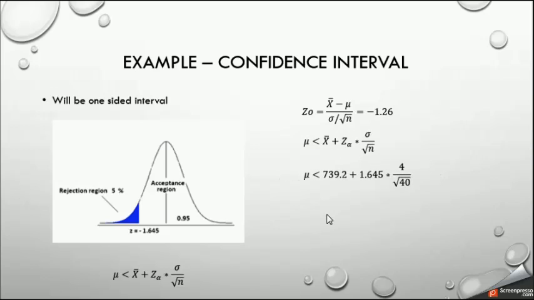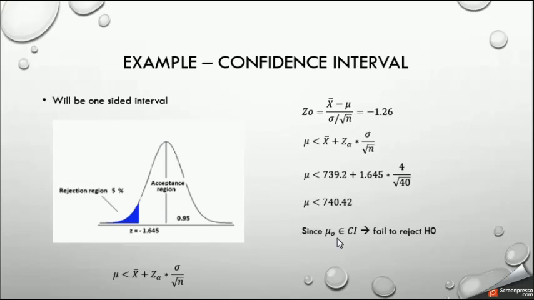Now we calculate the confidence interval: mu is less than 740.42. This is the upper limit of mu, and mu can be any value from this value down to minus infinity, but in fact it will only reach 0 because there is no concentration below 0. Now we look at mu naught.